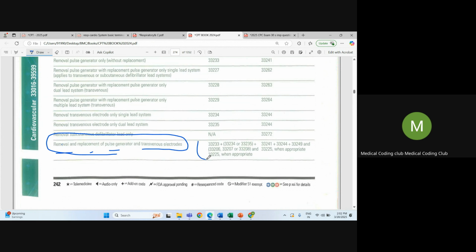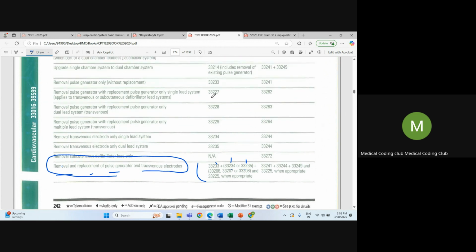Here we have these codes 33233, 234, 235. So you can check the unique description of these codes. So let's see, 33233 says removal of pulse generator only, and 33234 says removal of transvenous electrode only, single lead system. Single lead system we don't need because in our question they clearly said it's a dual chamber.